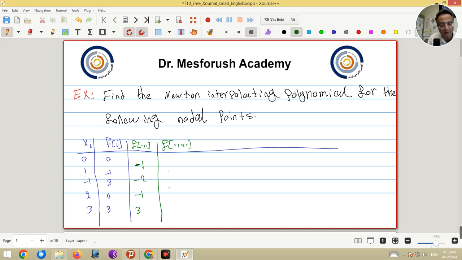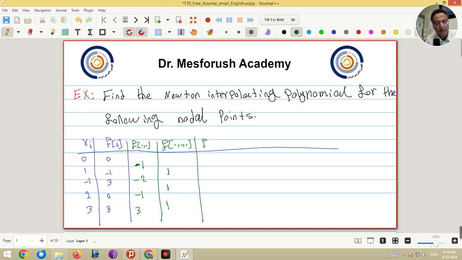This item and this item. Minus 2 minus minus 1 over minus 1 will be plus 1. Minus 1 minus 2 over 2 minus 1 will be 1. And the other one, 3 plus 1 over 3 plus 1, will be 1.